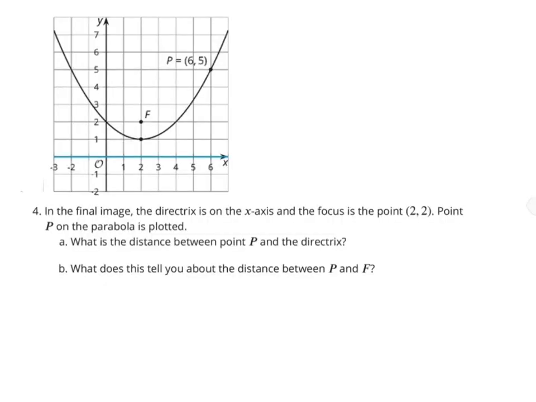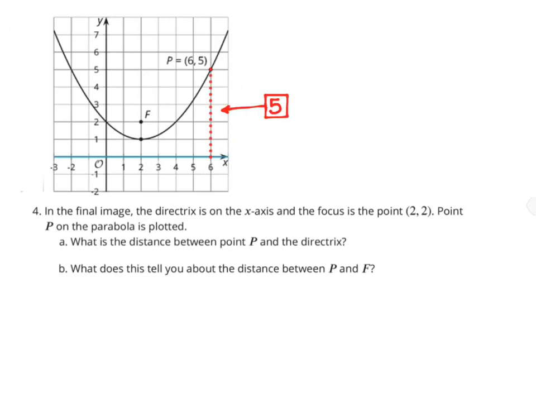And question number 4, same 6 problems, we're only looking at the bottom left picture. And it says in the final image, the directrix is on the x-axis. And the focus is the point up here. What is the distance between this point right here and the directrix?